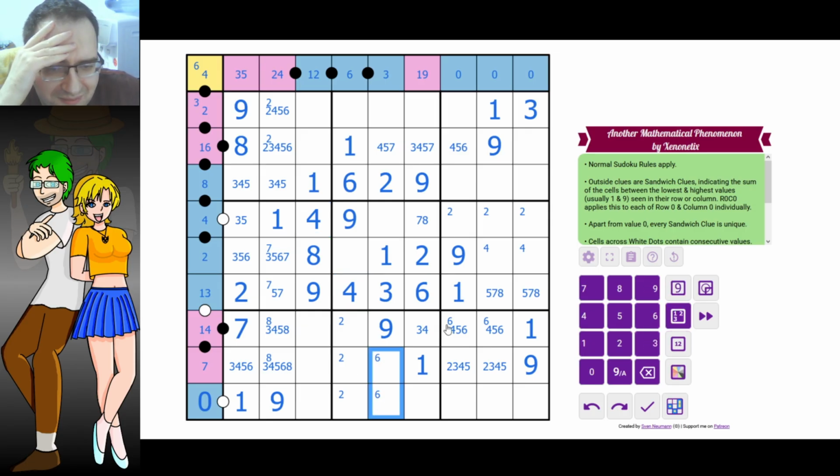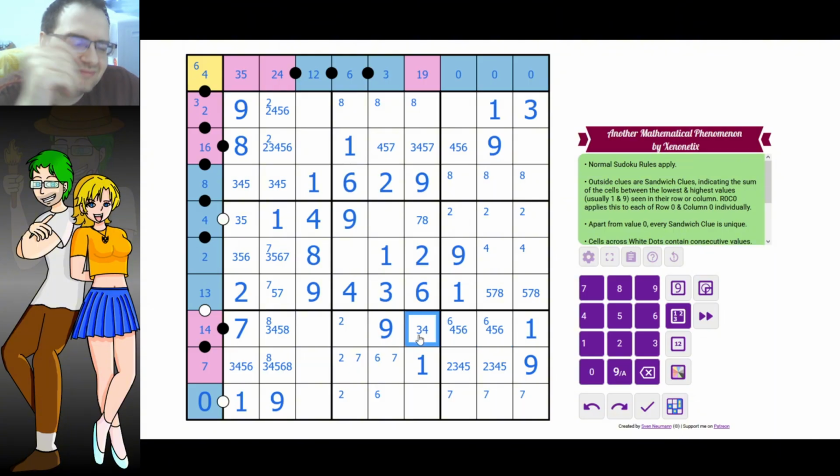Okay. If that helps. 7 is one of these here, which means one of these is a 7. Okay, 8 is there or there. It's either 3, 5, 6 or 4. Yeah, 4 and then 4, 6. Of course.